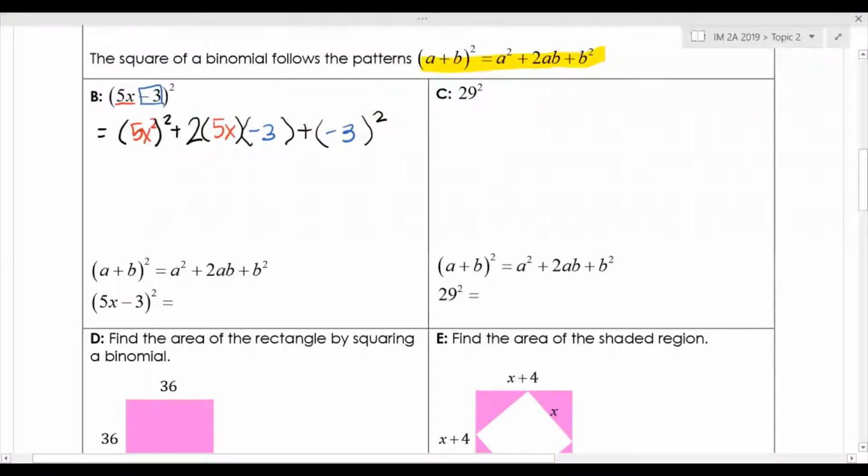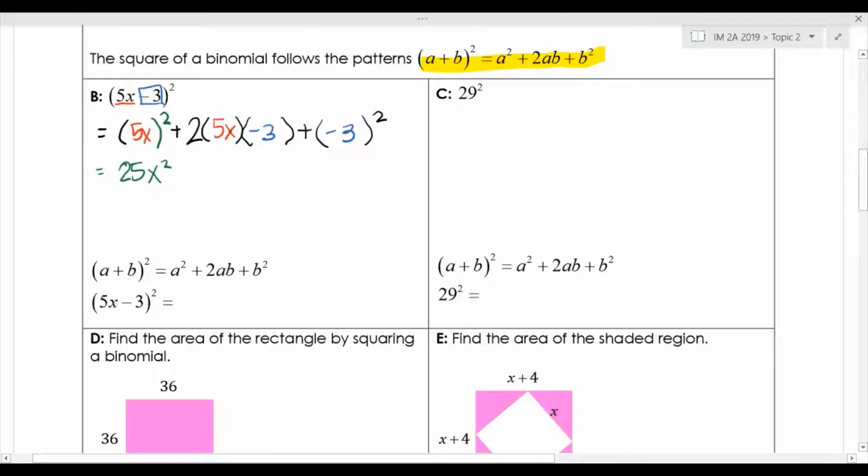So 5x squared is actually 25x squared. When I wrote this, it was just 5x, but I put an extra square there, so there shouldn't be that extra square. It was just the 5x squared from the pattern. So I wrote this one correctly. I wrote a regular 5x. I didn't add that extra square by accident. So 2 times 5 is 10.